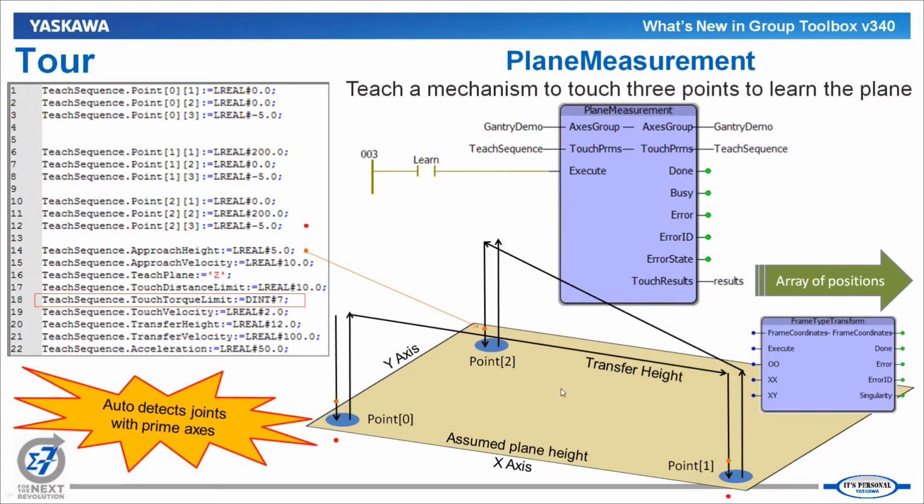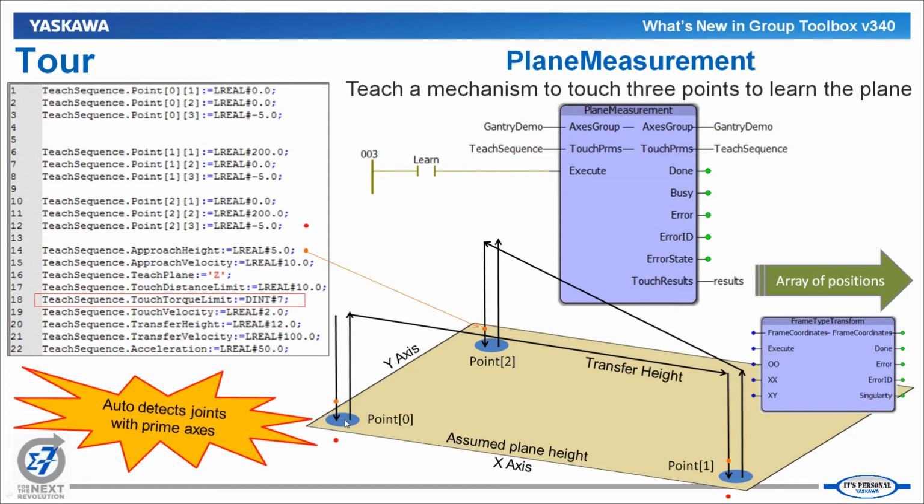The goal is to touch 3 points on a bed, and you'll have to enter the configuration data as shown here at the left. So in this example, we want to learn the level of the Z in this mechanism, in this system here. So we're going to teach points at 3 locations. And the first point will be at XY 0, 0.